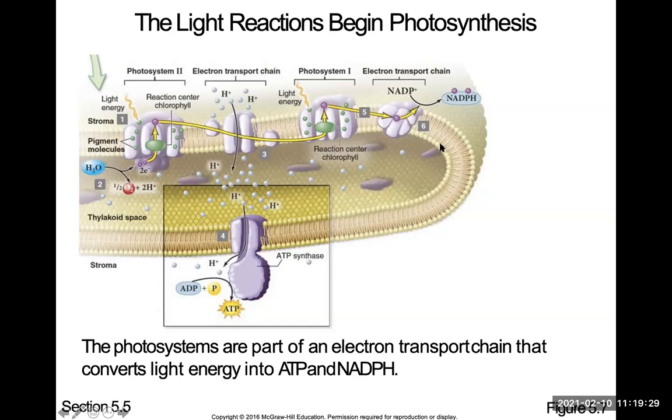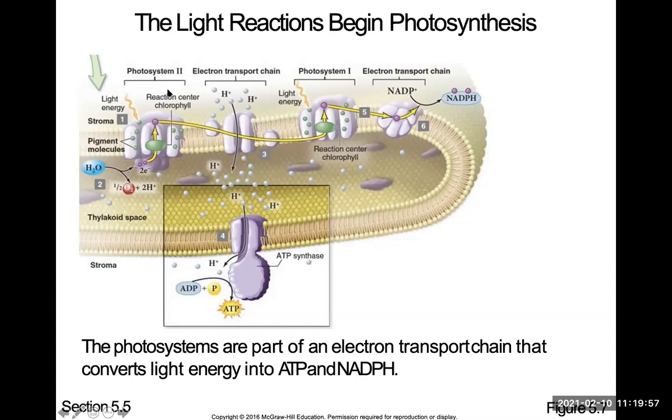And this is a thylakoid here. This is the thylakoid space. This is the membrane where I said a lot of molecules are found, and that's what gives it surface area. And then outside is the stroma, the fluid. So photosystems are part of electron transport chain. It says photosystems because there are two.